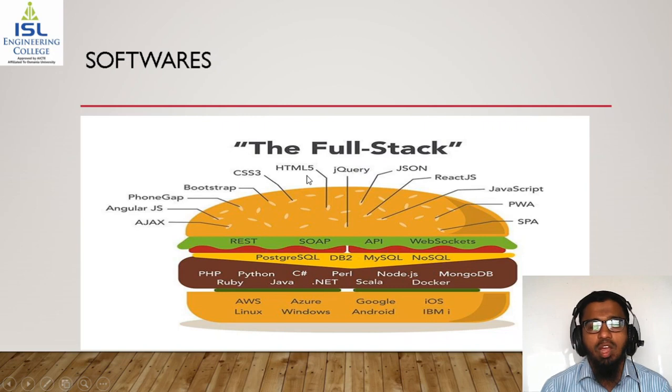If anyone asks you about a two-wheeler bike, what will you suggest? These many are there. In the same way, for developing the front end, you can use any one of these softwares or languages.